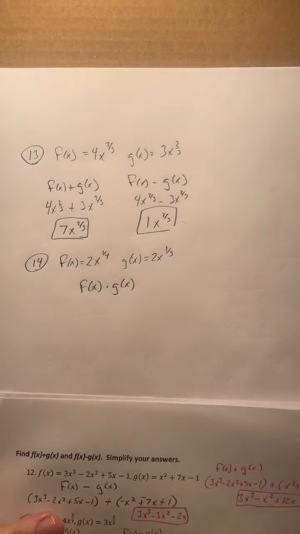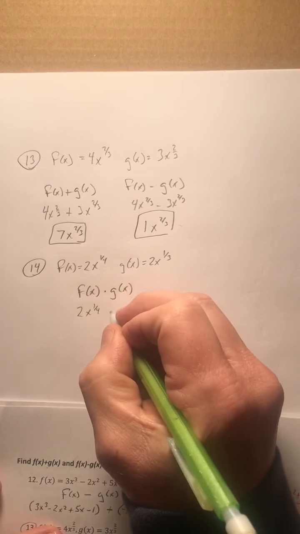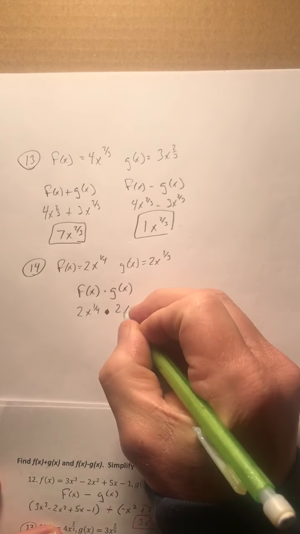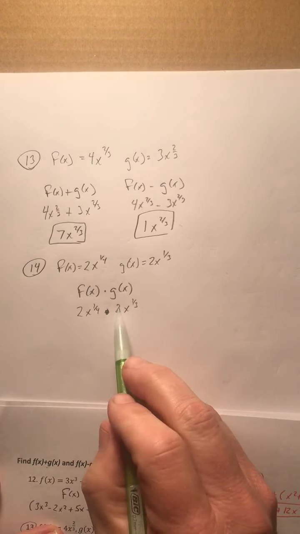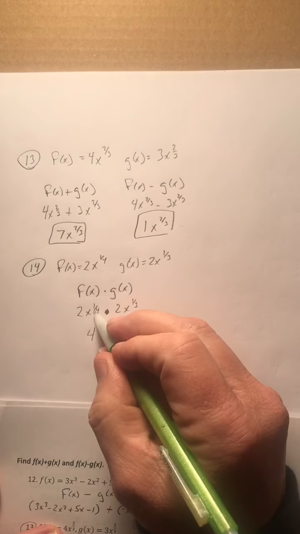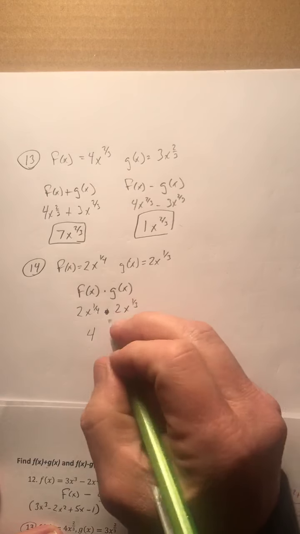All right, so here it is. I got 2x to the 1/4 power times 2x to the 1/3 power. All right, so we're multiplying. So I have to do 2 times 2. That gives me 4. And with these, when their bases are the same, we have to add the exponents.